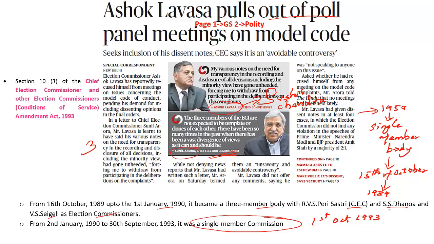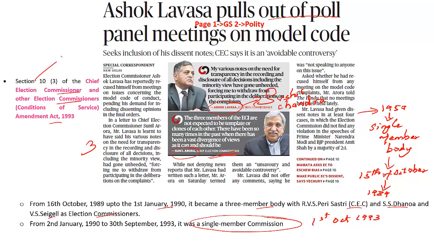According to section 10, subclause 3 of the Chief Election Commissioner and other Election Commissioners (Conditions of Service) Amendment Act of 1993, if the Chief Election Commissioner and other election commissioners differ in opinion for any matter whatsoever with respect to the elections, such matter shall be decided according to the opinion of the majority. So what is the majority here?